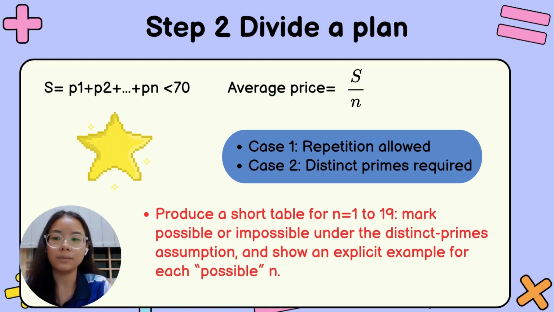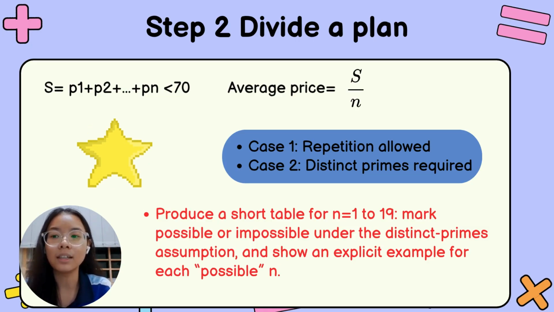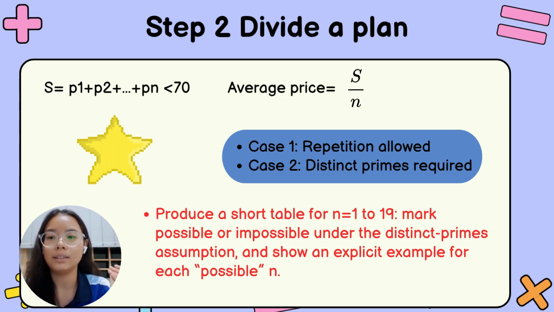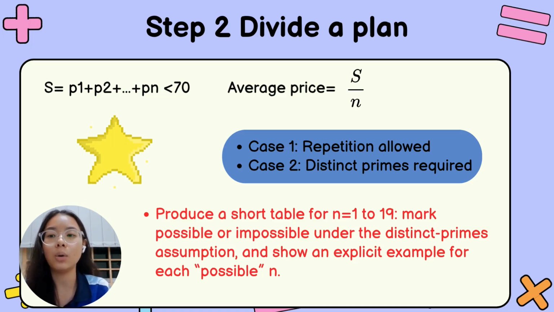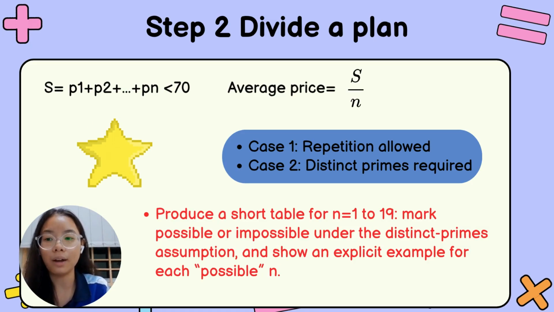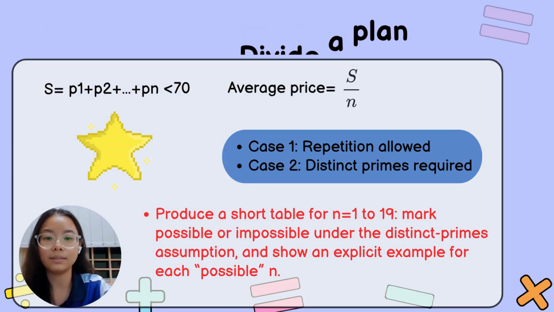For each case, we will produce a short table or list for n from 1 until 19. We will mark whether each n is possible or impossible under the distinct primes assumption and show an explicit example for each possible n. We will also provide the viable answers for the repetition allowed case, which can apply to all n.